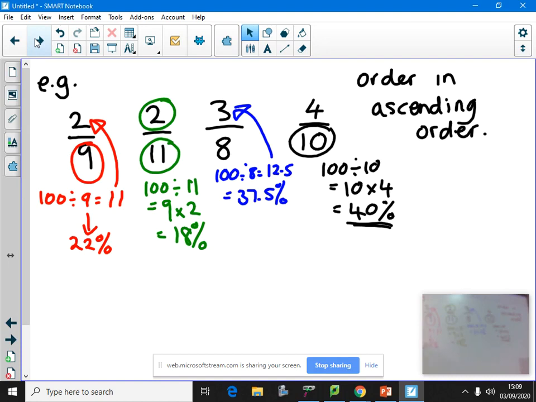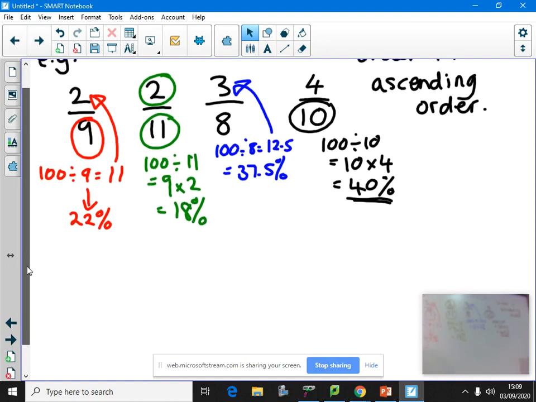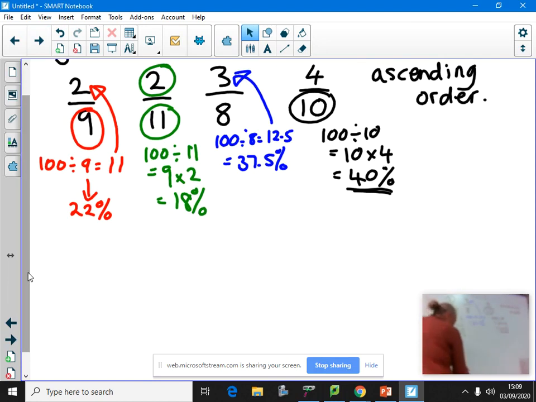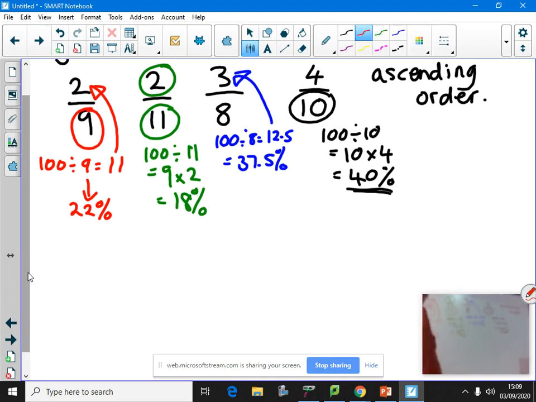No, I haven't put them in order. Now most people do this. Okay, that's number 1, that's number 2, that's number 3, and that's number 4. If the examiner is busy or doesn't look carefully enough, you may get marked down.